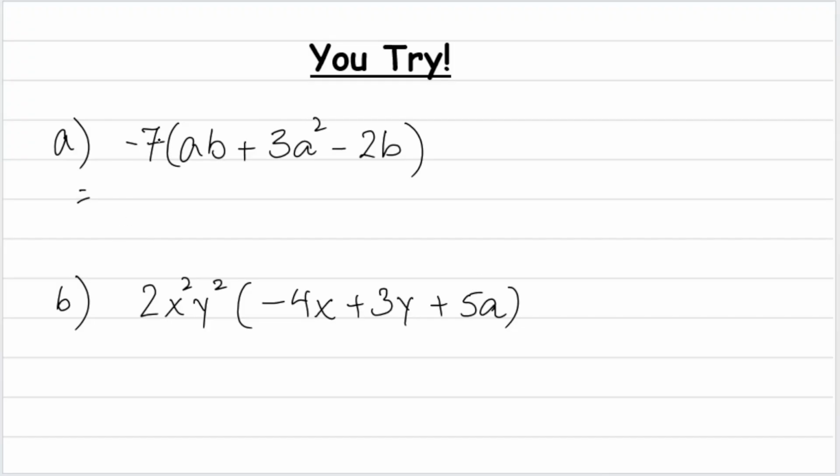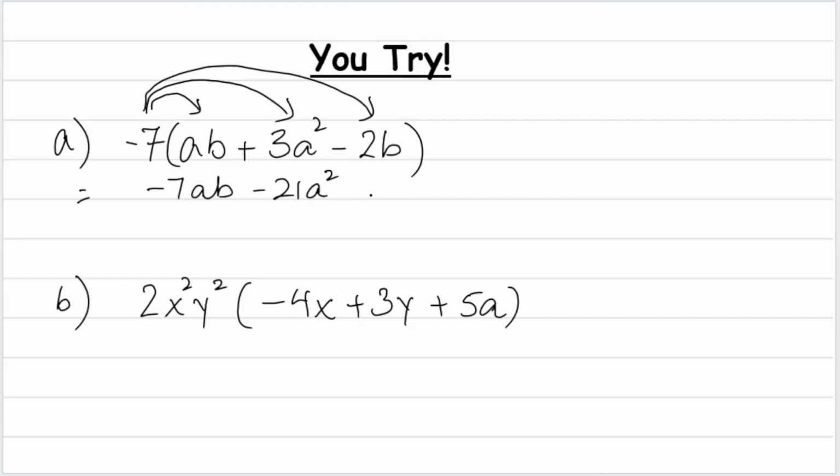Negative 7 times AB will be negative 7AB. Negative 7 times 3 is negative 21 and then A square. Negative 7 times negative 2b will be negative negative positive, 7 times 2, 14b. That's my answer.